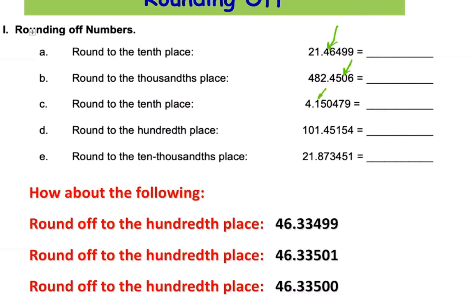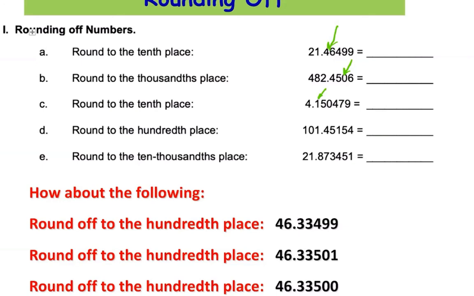You're just looking at the digits to the right of the decimal. If you're looking at the 10th, the 100th, the 1000th, the 10,000th, it's always the digits to the right of the decimal. That is where you're going to decide whether to keep or go up, but you're going to truncate it there. Okay, you're going to end it there.